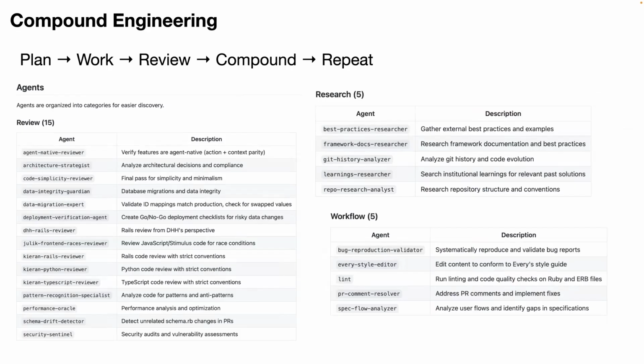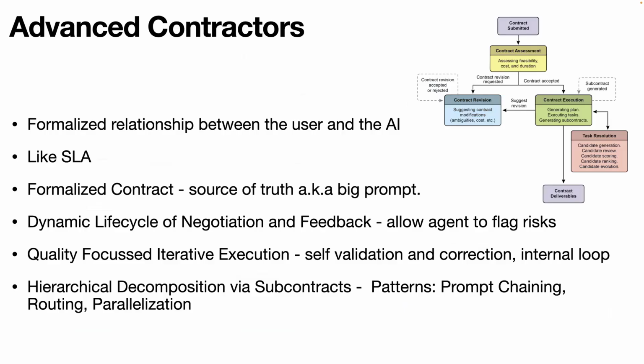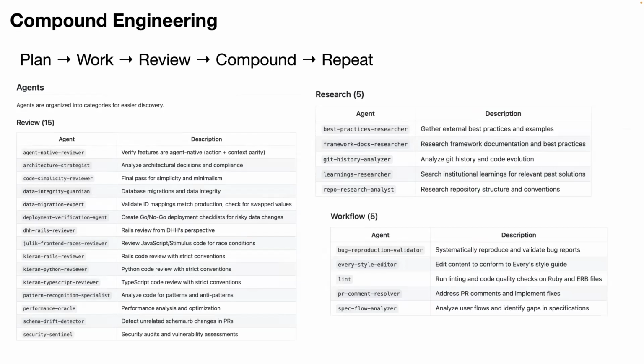This plugin is basically a set of different prompts, different skills for Claude Code, but there are also versions for other CLI coding agents, and we can see some similarities with how in those formalized contracts we have, for example, this last step, decomposition via subcontracts. In this plugin, you have different sub-agents.